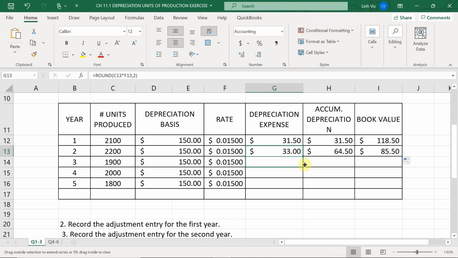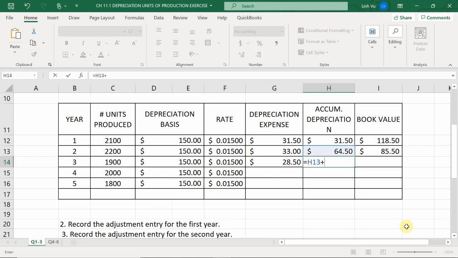$28.50. Giving me a total accumulated depreciation of... we're adding 64 plus 28.50, I'm sorry.